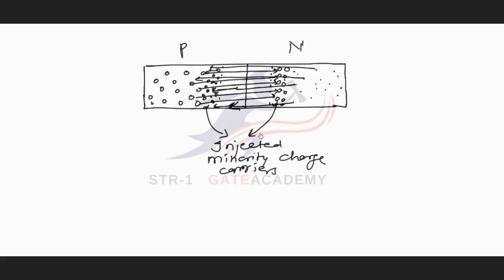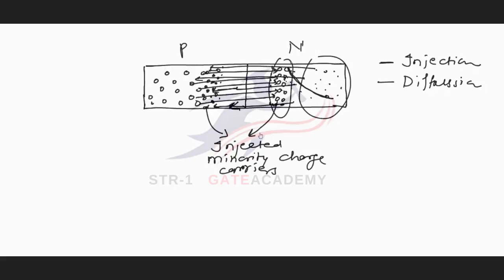Now, these injected charge carriers have a very high concentration in this particular region, and the hole concentration in the rest of the material is very less by comparison. So these holes will diffuse from higher concentration to lower concentration. So in a forward biased PN junction, first there was injection of charge carriers and then there was diffusion. Similarly here, the electron concentration is very large as compared to the electron concentration in the rest of the material.